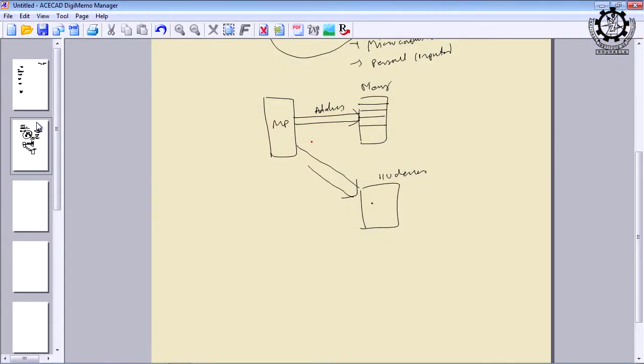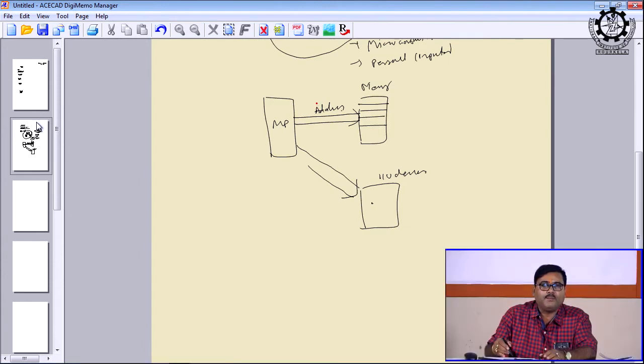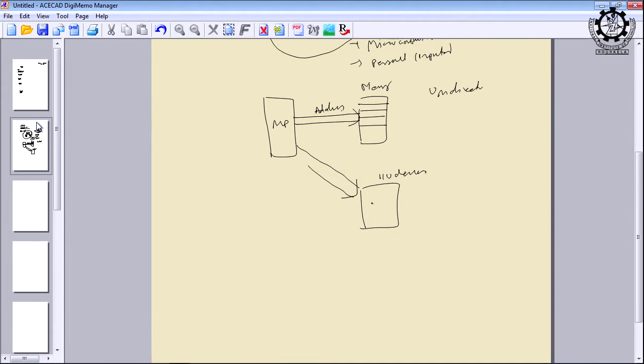From this it is clear that the microprocessor always sends the signal on the address bus, and memory and IO devices all the time receive the address from the microprocessor. Therefore, the address bus is always unidirectional, from microprocessor to memory or microprocessor to IO devices. It is always unidirectional. Am I clear?